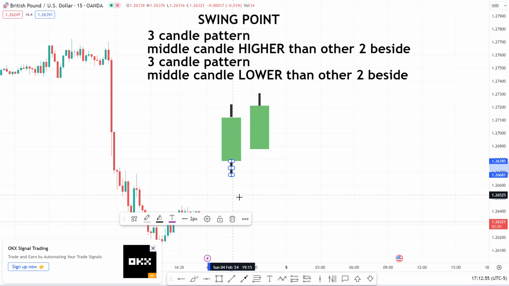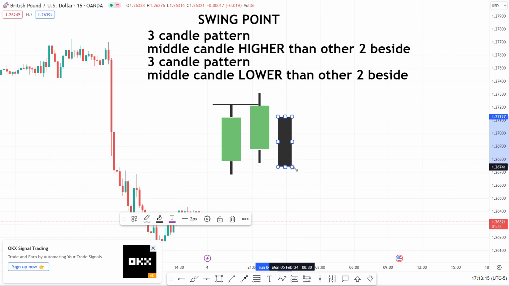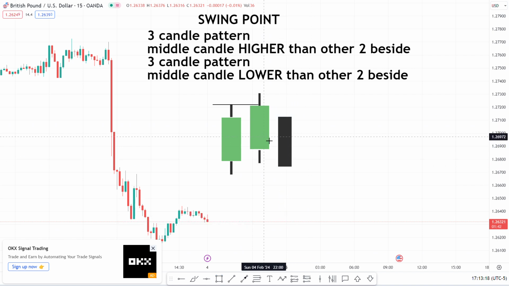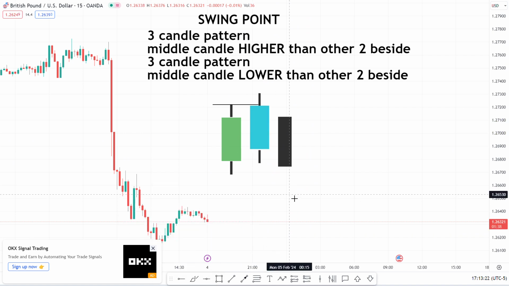Oh, it's locked, I can't copy it. Okay, interesting. You see this candle is higher than this candle, and the next one would be lower. Actually, I should make this one clear or blue. Let's do blue.